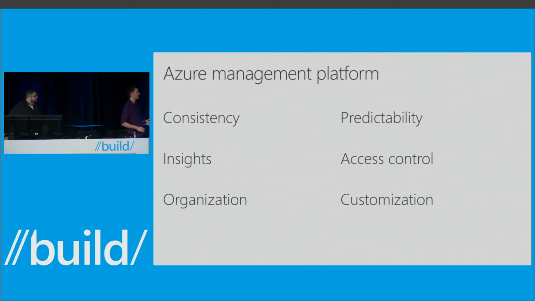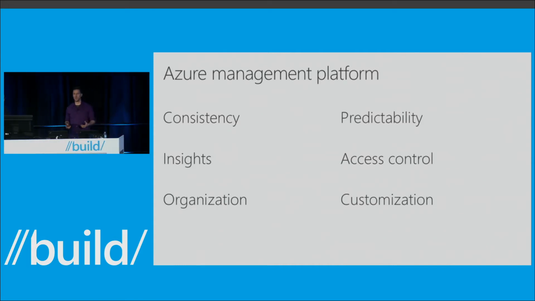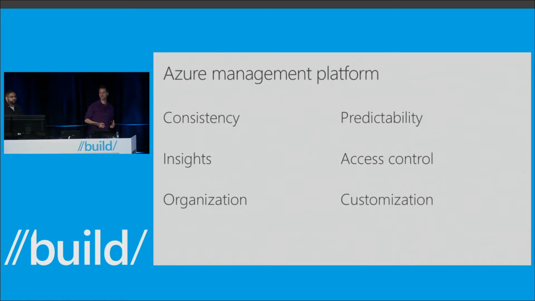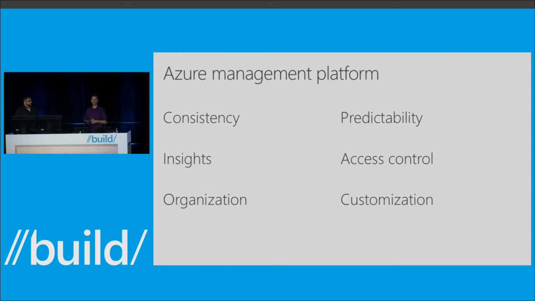Just to recap everything that we've talked about: the Azure Management Platform is bringing a lot of consistency. And that's consistency from the back-end APIs that Resource Manager provides across all your services. If you look at the service management APIs that we have today, there are a lot of inconsistencies, and we're trying to fix that with the new Resource Manager APIs. It's also consistency within the UI, within the portal.